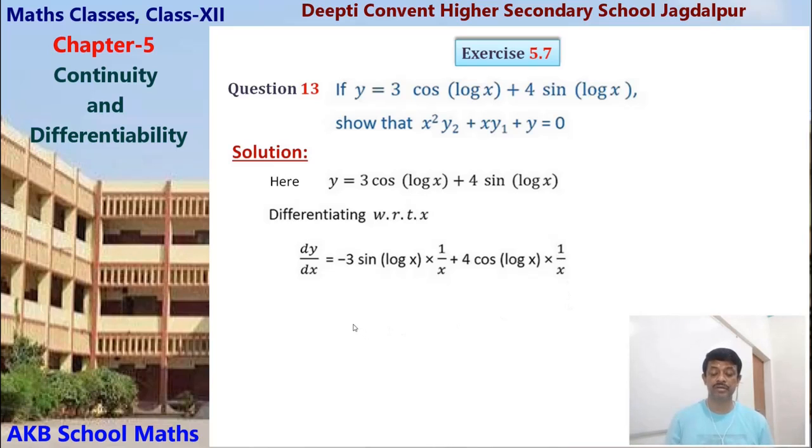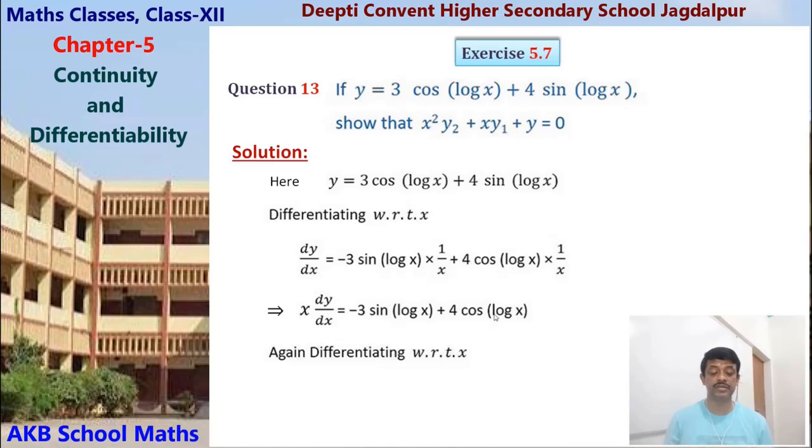Clear? Now here in both terms the denominator is x, so taking the LCM and transferring to the left hand side, x dy by dx equals minus 3 sin log x plus 4 cos log x. Clear? Like this. Now again differentiate it.